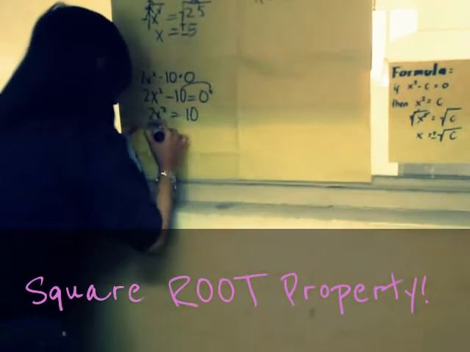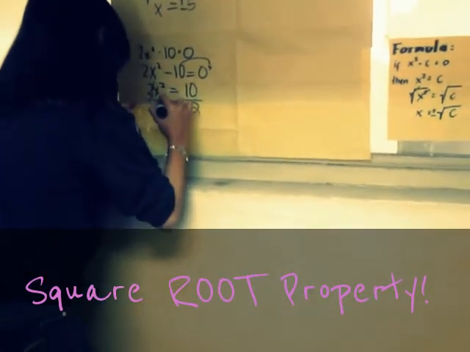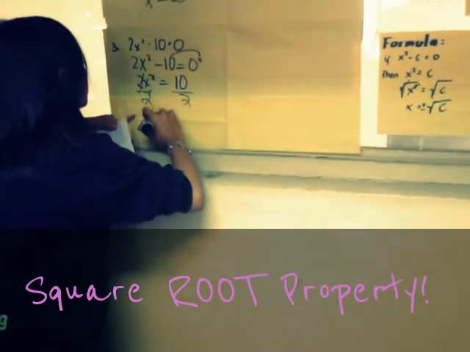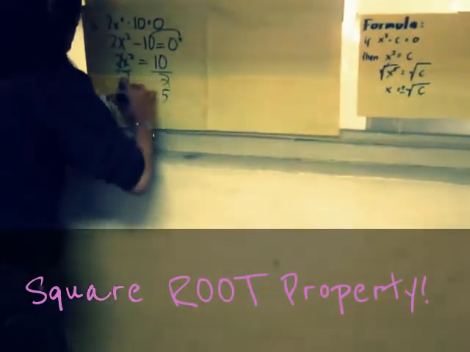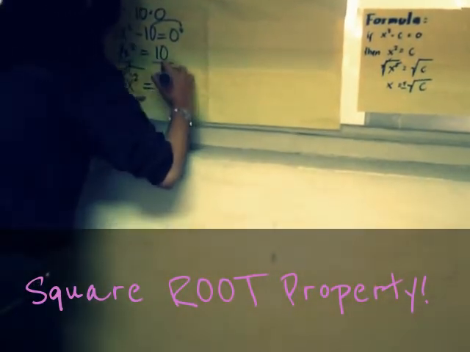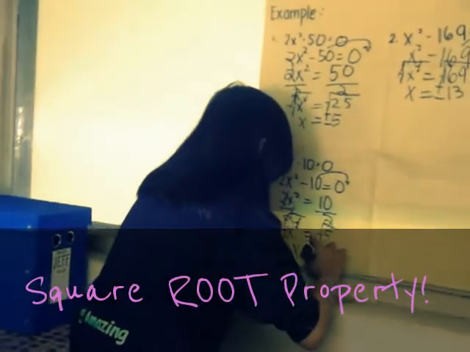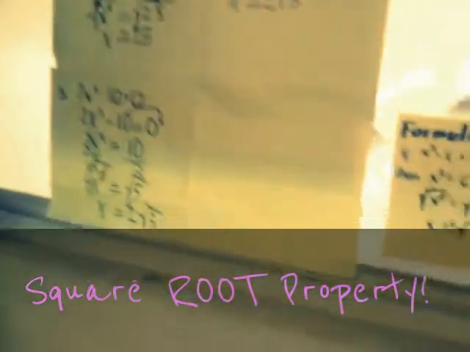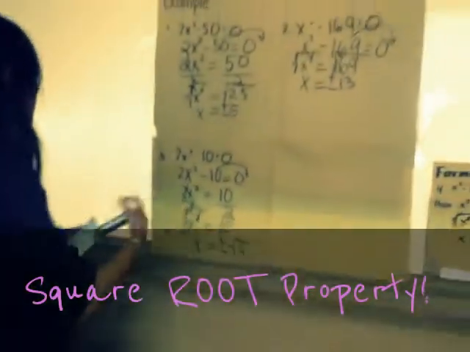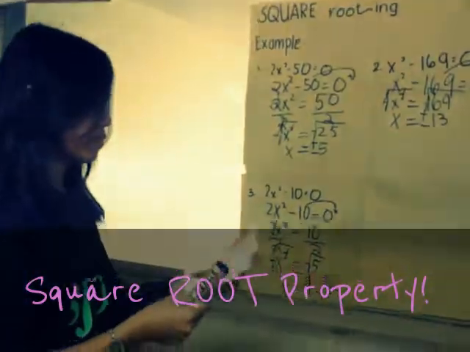And divide by 2. x squared is equal to 5. Square root of both sides, cancel, x is equal to plus or minus square root of 5. Since 5 is not a perfect square, you will just put square root of 5.